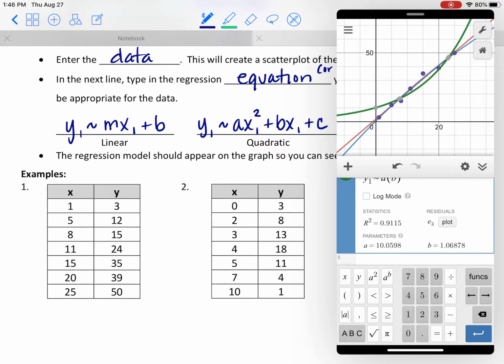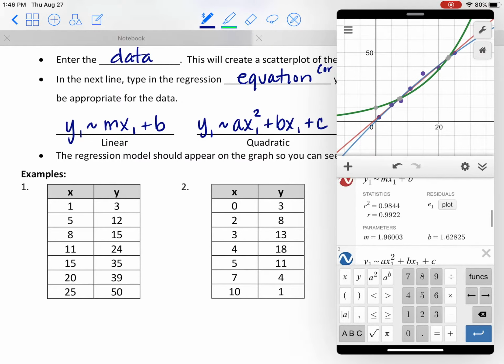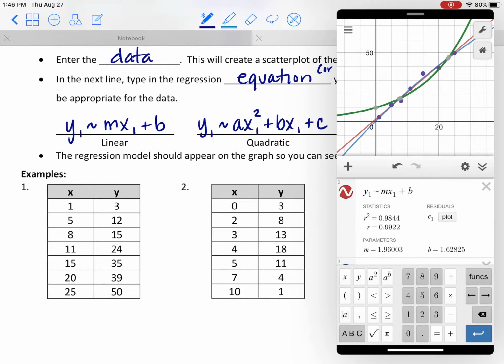And 0.9115, that's still a pretty strong positive relationship, but neither the exponential nor the quadratic was as good as the linear. So I'm going to go back because the linear had the strongest correlation. We're going to say that this is linear, and the correlation we calculated at 0.9922. That's a strong positive correlation.